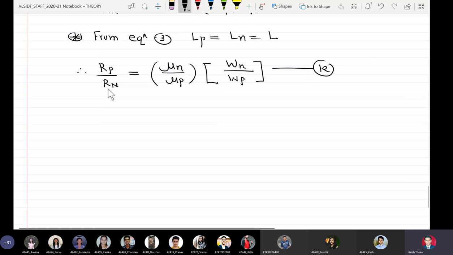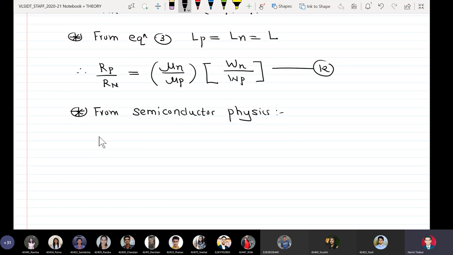Now all of you must be aware of this fact that from semiconductor physics we know that mobility of electron is approximately 2.5 times the mobility of holes. This is proven.